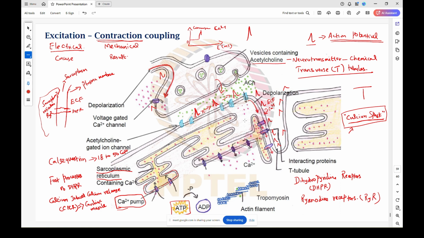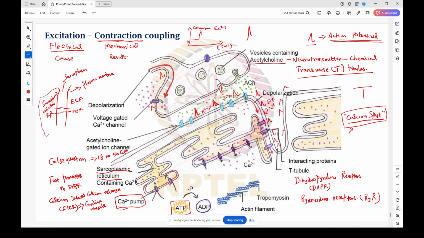So in cardiac muscles, influx of calcium ions also happens from the extracellular fluid into the sarcoplasm, resulting in a higher magnitude of calcium spark.